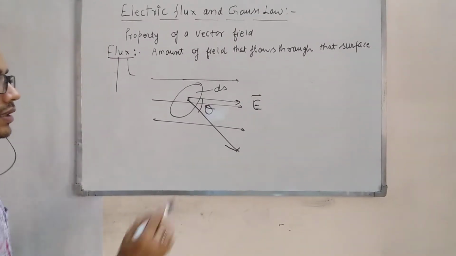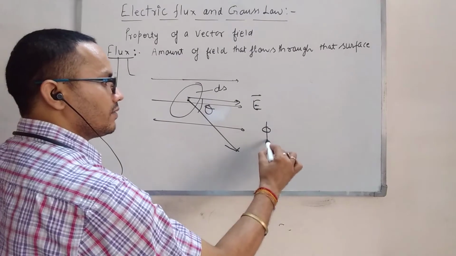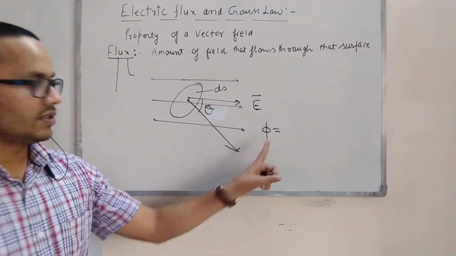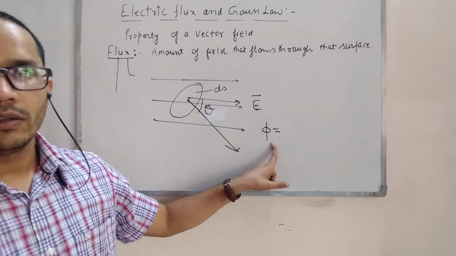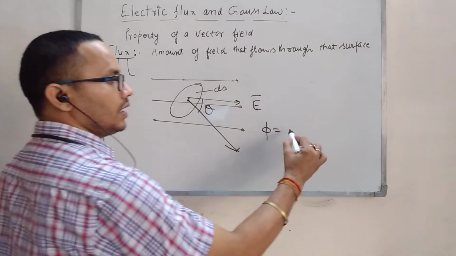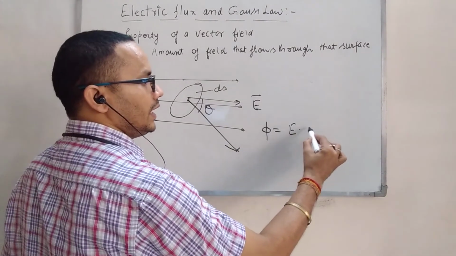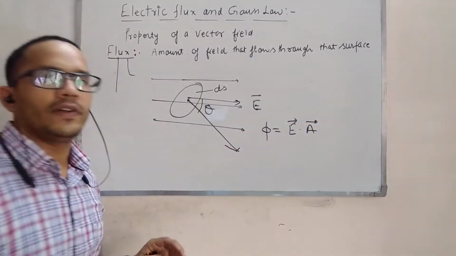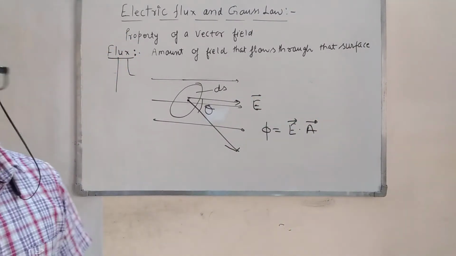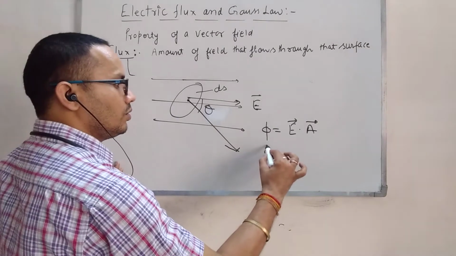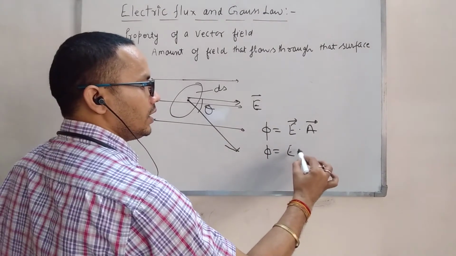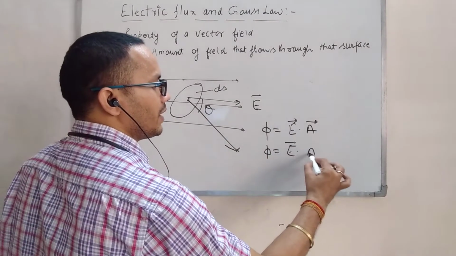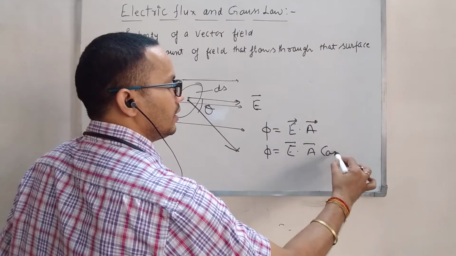Then flux is calculated as phi is equal to, flux is represented by the symbol phi, and it is given by E dot A. E is the electric field vector and A is the area vector. As you know, the dot product of any two vectors involves cos theta.